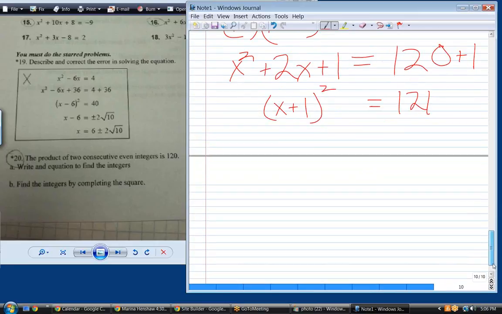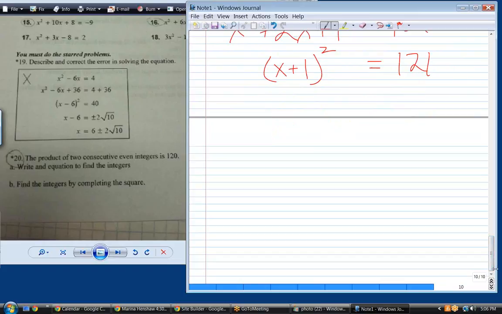Find the square root of both sides. Okay, so what's the next line? X plus 1 equals... Think. 11 times 11 is 121.